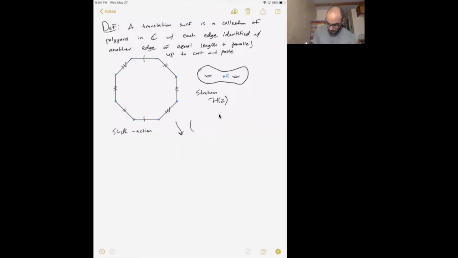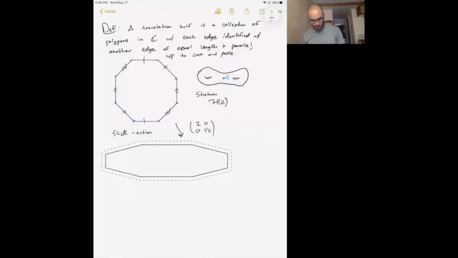So we could do the matrix (2, 0; 0, 1/2). Then you just apply the matrix to the polygon, thought of as a subset of R2. So it's just the standard action of SL2R on R2. In this case, this is what you get. It stretches in one direction and squeezes in the other direction.